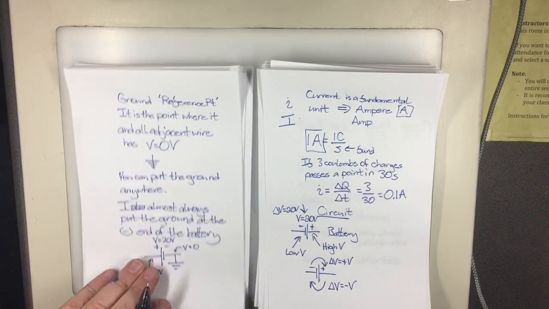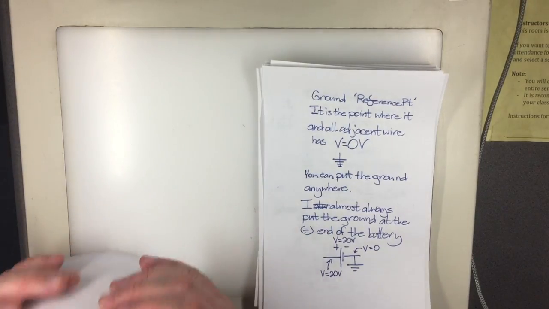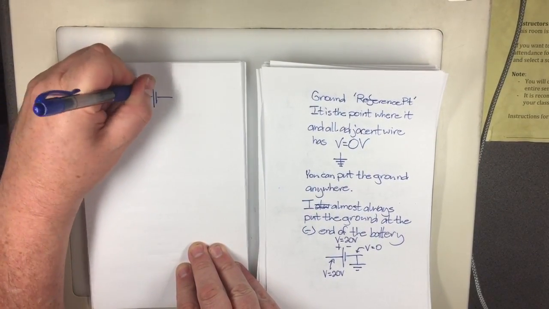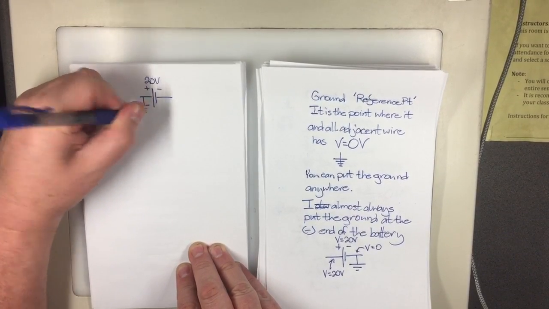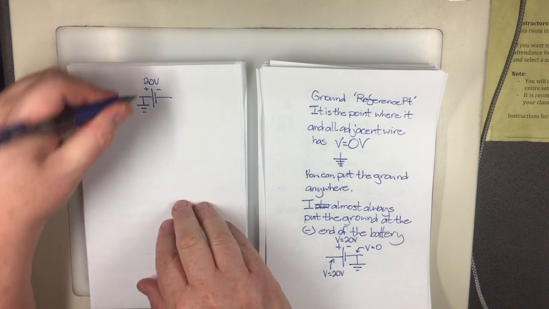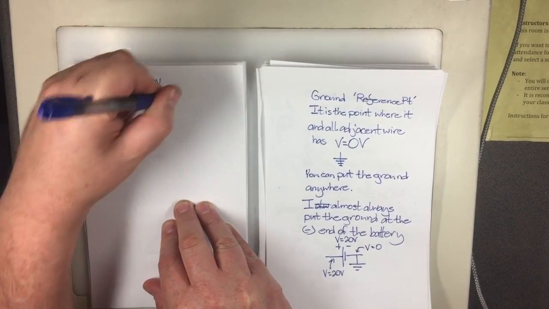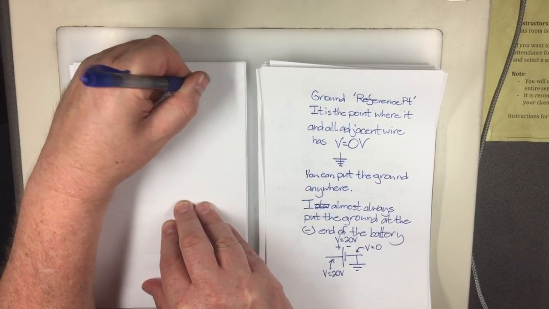If we do things a little bit more exotically, and I say that it's still a 20 volt battery, but I put the ground over there, which is an unusual way, but it's not incorrect. The potential over here is 0 volts, and the potential over there is negative 20.